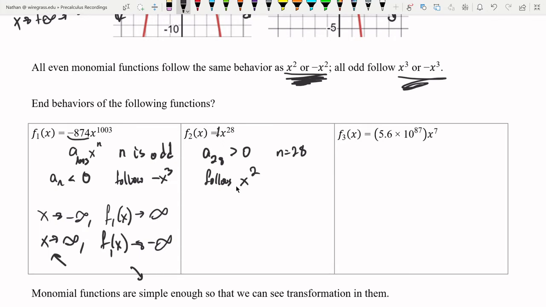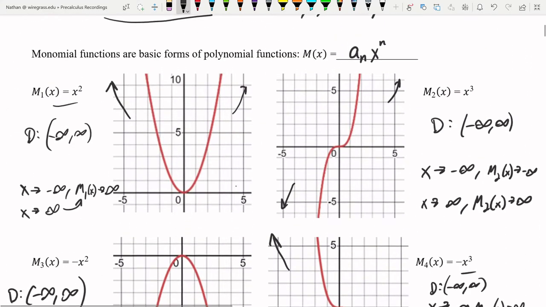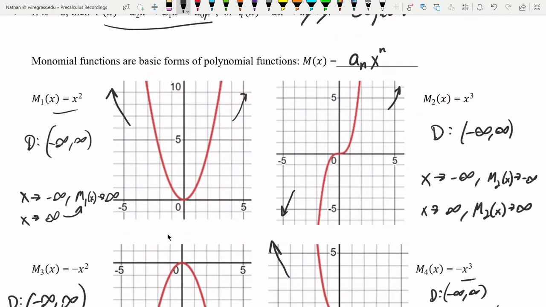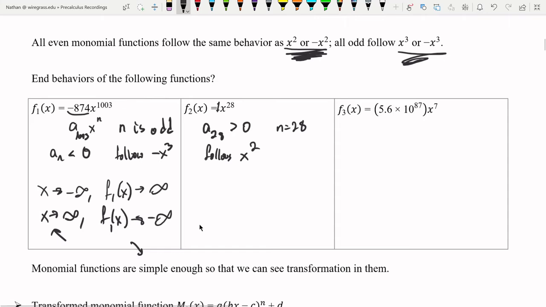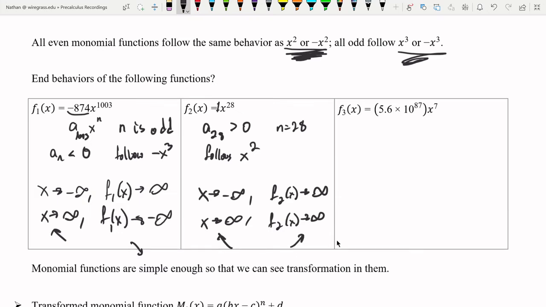It's even and it has a positive coefficient, so it's going to follow the same behavior as this one here. It's going to go up to the left and up to the right. So we can do that by saying as x goes to negative infinity and positive infinity, f2 of x goes to positive infinity. Goes up to the left and up to the right.